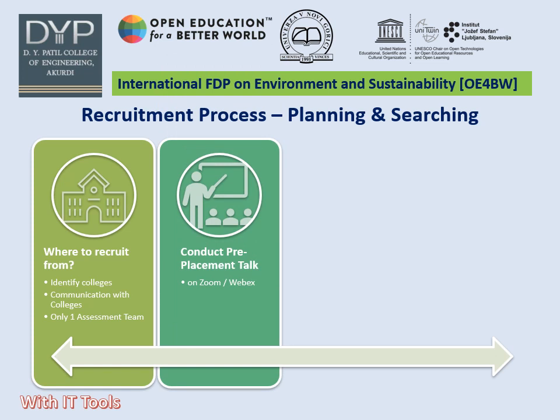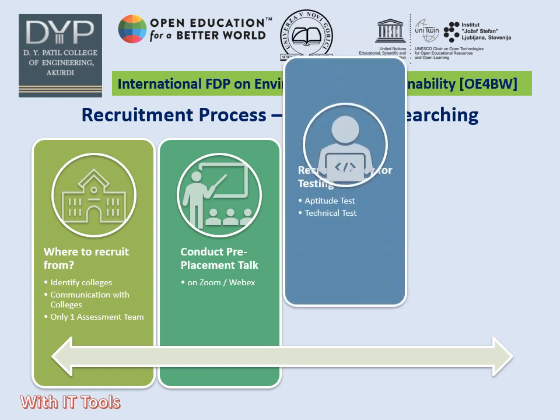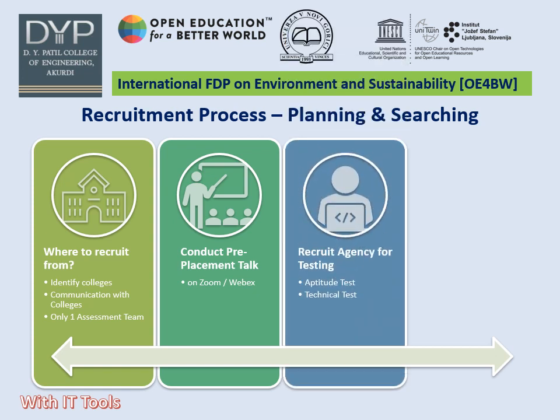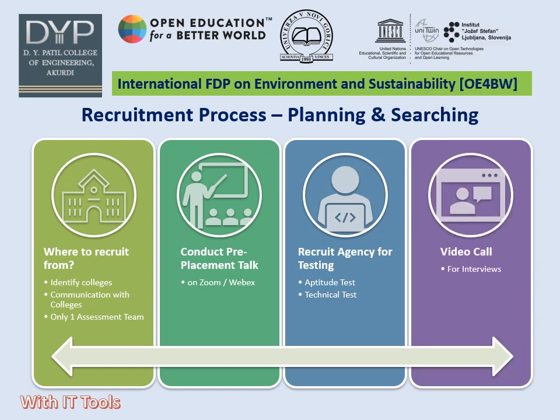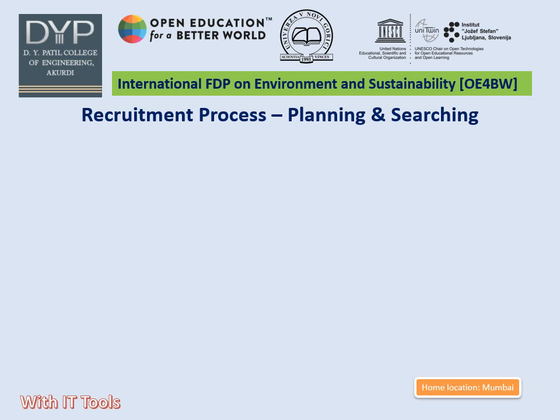The pre-placement talks can be done on platforms like Zoom, WebEx. For the aptitude test and the technical test, we can always hire agencies for testing, and for the interviews, we may have video calls.